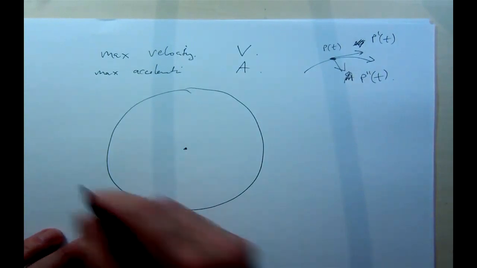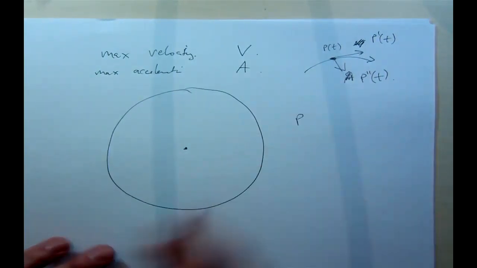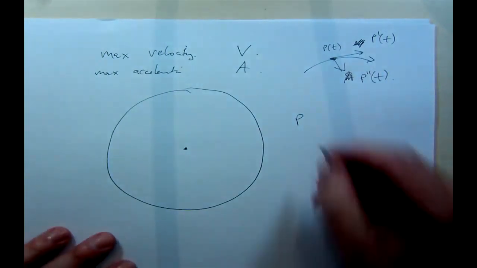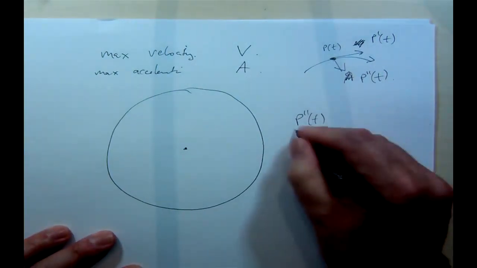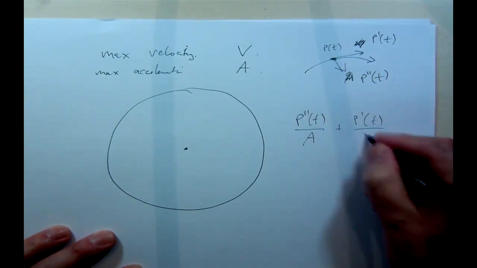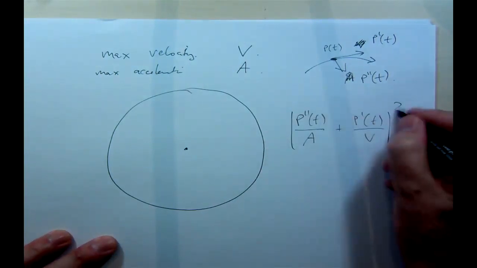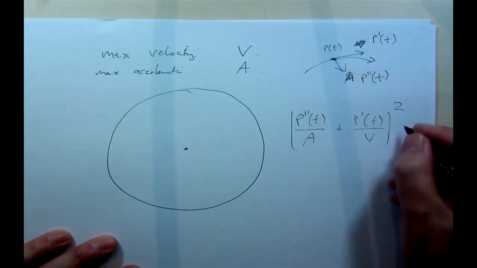And so we can draw a picture of the constraint: the norm of p double prime of t over a plus p prime of t over v, the square of this, we assume, is less than or equal to 1.